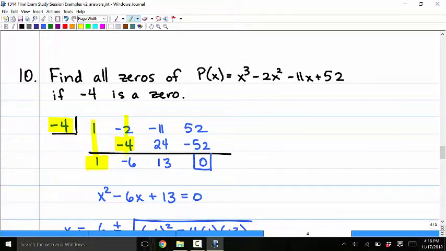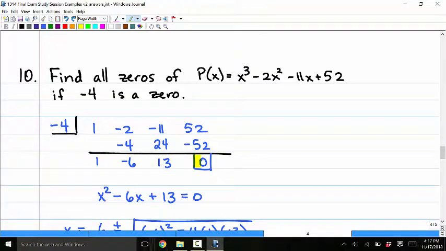Negative 2 plus 4 is negative 6. Negative 6 times negative 4 is negative 24. Negative 11 plus 24 gives you 13. 13 times negative 4 gives you negative 52. 52 plus negative 52 is 0.